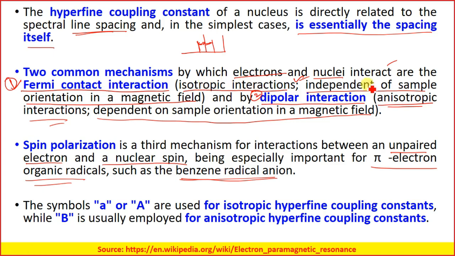One is isotropic, another is anisotropic. Then the third one is the spin polarization interaction, which happens in compounds where we have pi electrons. The symbol A, or capital A, is used for the isotropic hyperfine coupling constant, while B is used for the anisotropic hyperfine coupling constant.